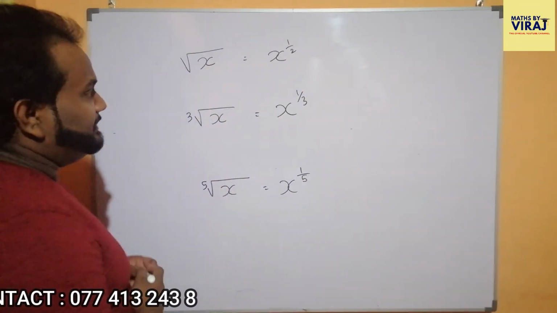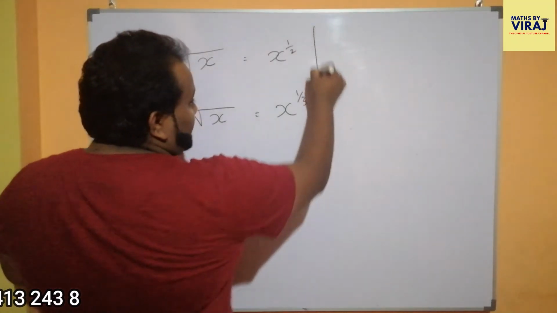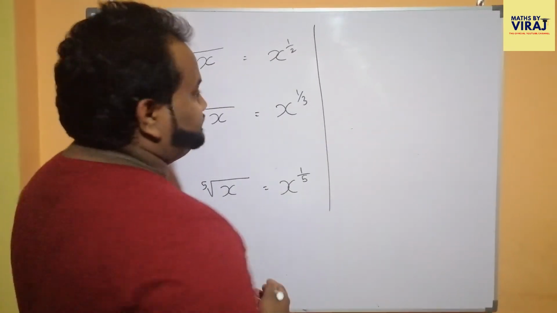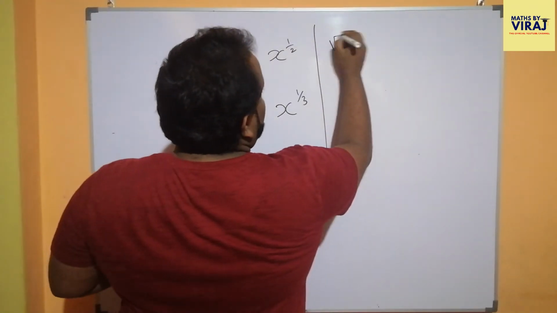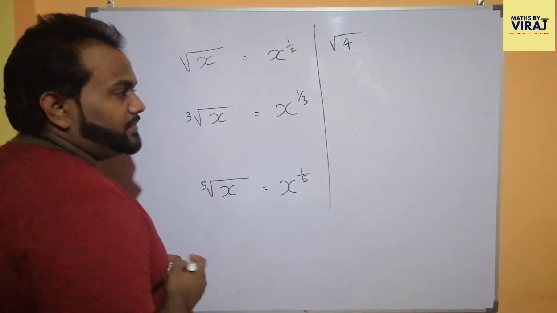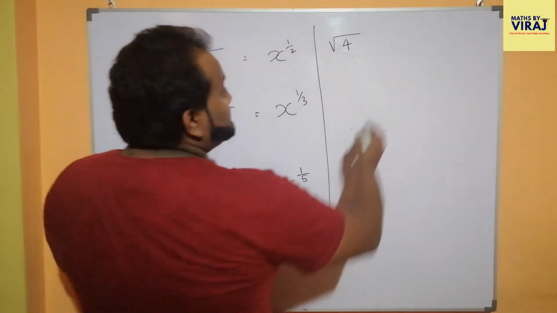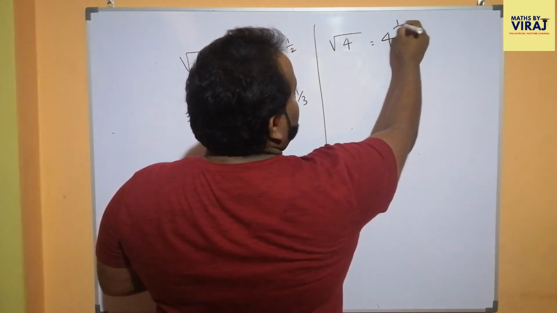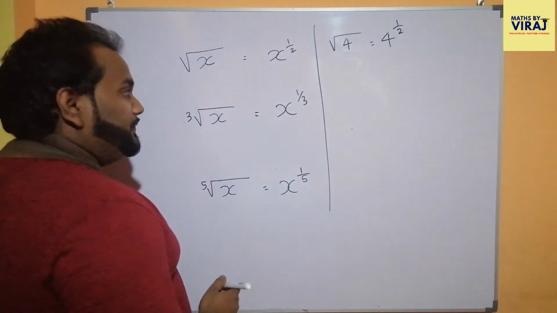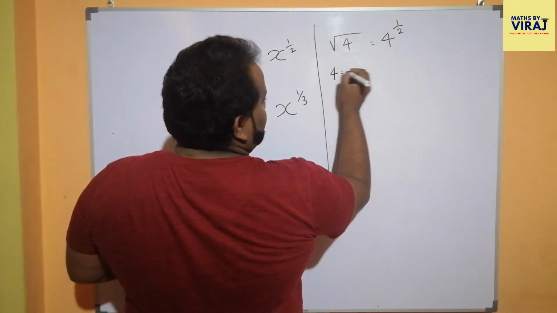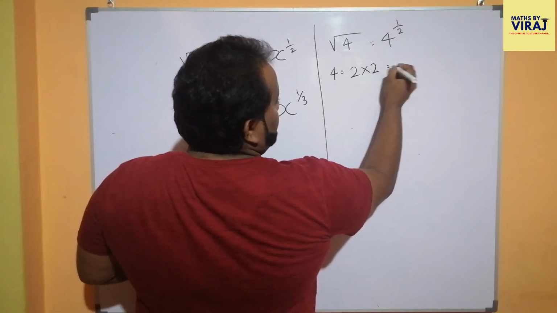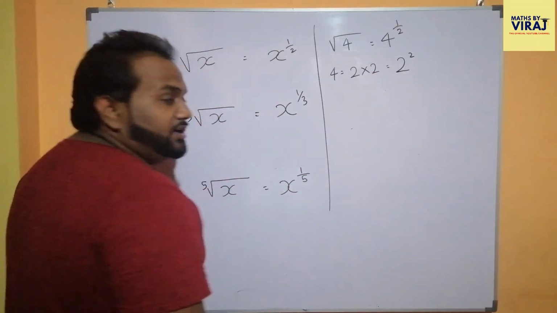Let's try to do some examples so it will be easy for us to learn. Square root of 4. Children, this is like 4 to the power half. We know that 4 can be written as 2 into 2, which is 2 to the power 2.